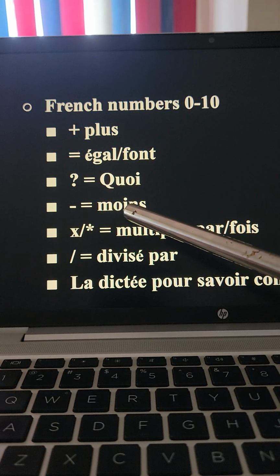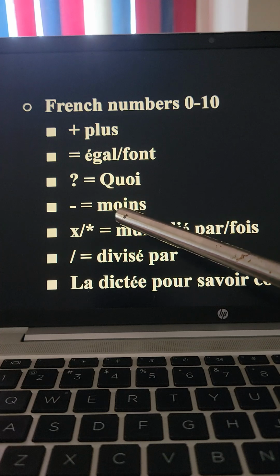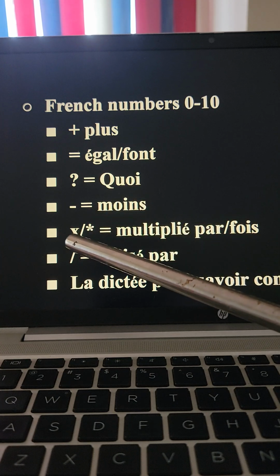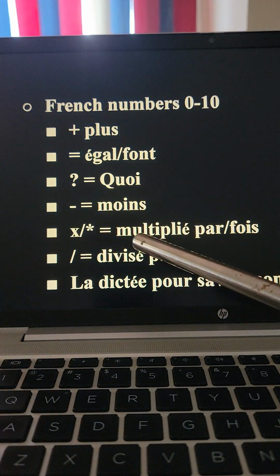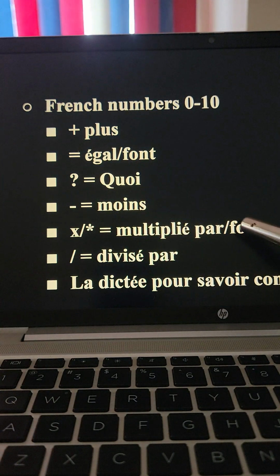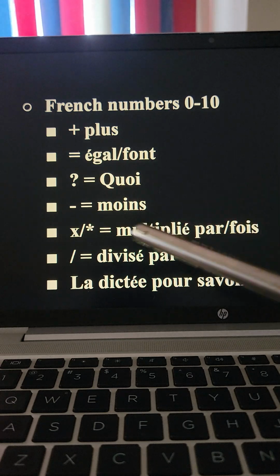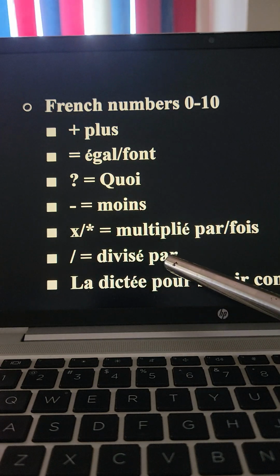This moins is minus, the mois with s is month, and the moi is me or I. Then we have multiplié par, or you can say fois. Then we have divisé par.